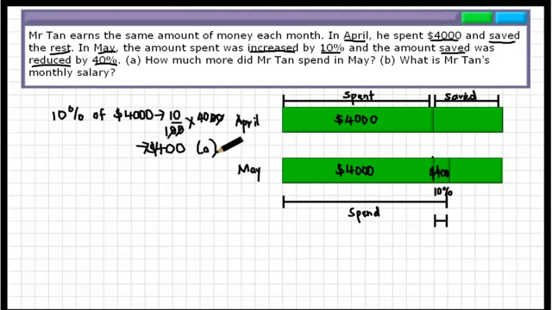Next, we know that when he spent 10% more in May, the amount saved was less by 40%.